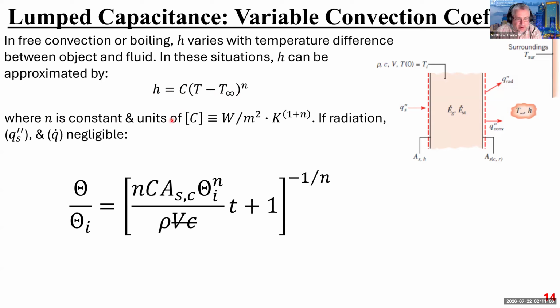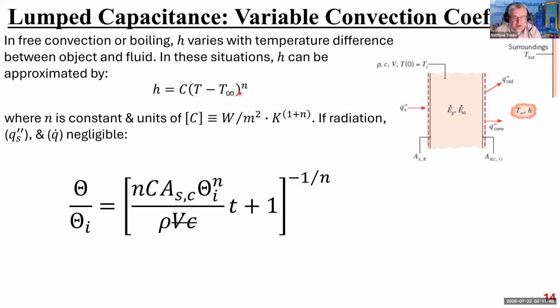I left all of the dimensional caveats here. So n in this case is constant, and the leading coefficient, it's units of conductivity, sitting here out in front, has this sort of unusual unit structure, right? It's watts per meter squared Kelvin, which you're used to, but Kelvin gets raised to the 1 plus n power. That's because the units for this temperature difference are Kelvin.